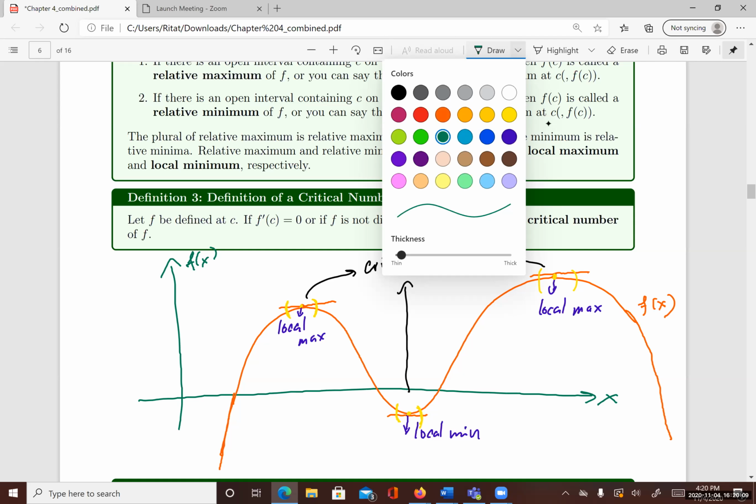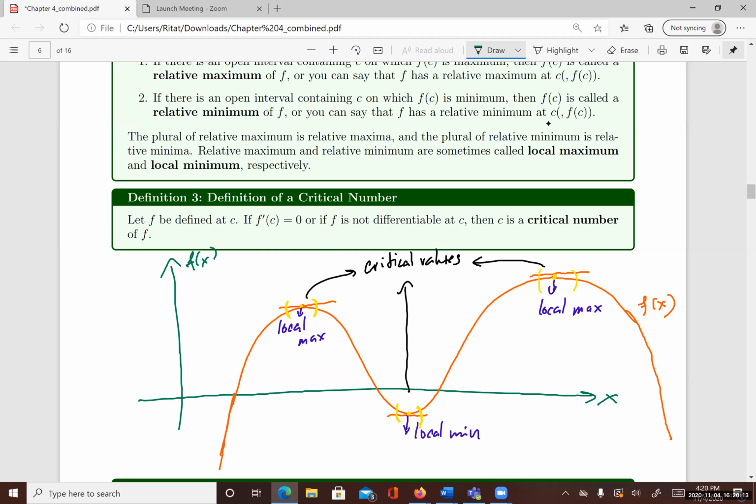So let's look at the graph again. You can see that this point right here is the absolute maximum value, right? It's the highest point on the entire interval from negative infinity to positive infinity.